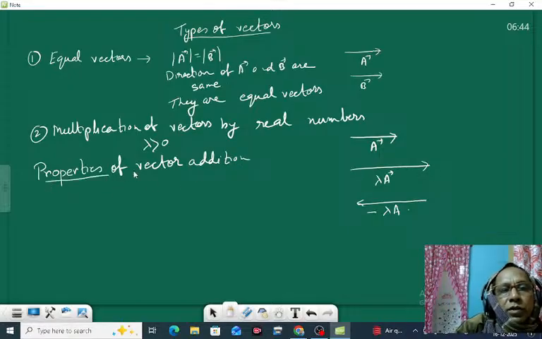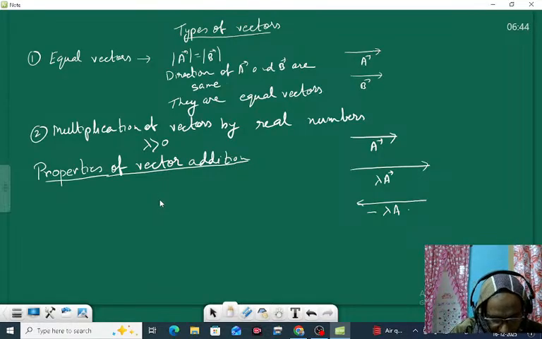We have two properties of vector in case of addition, right? Number one property is that vector addition is commutative.